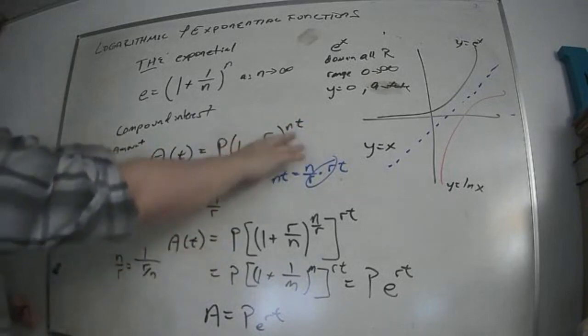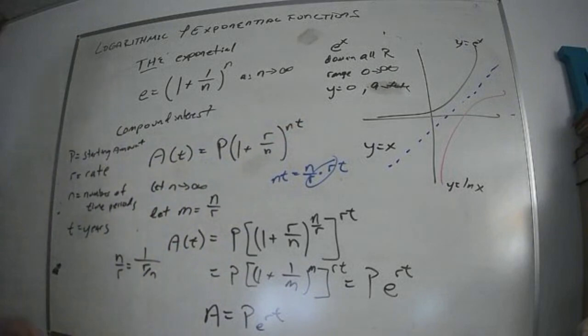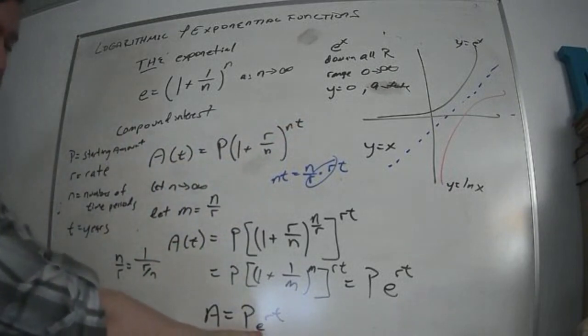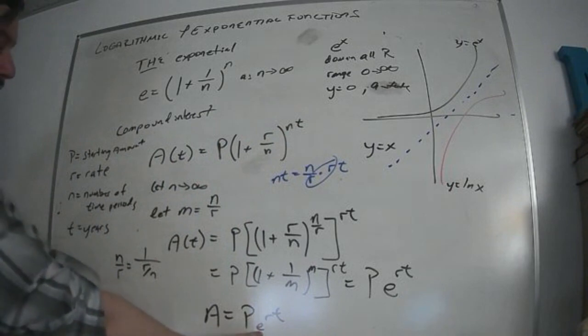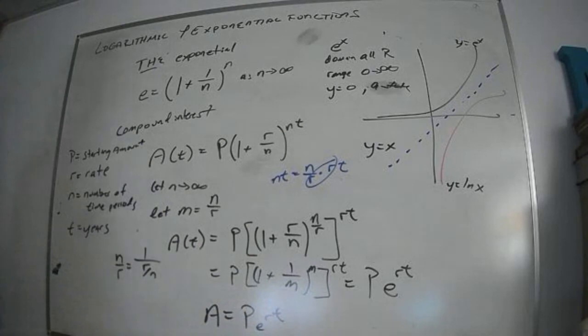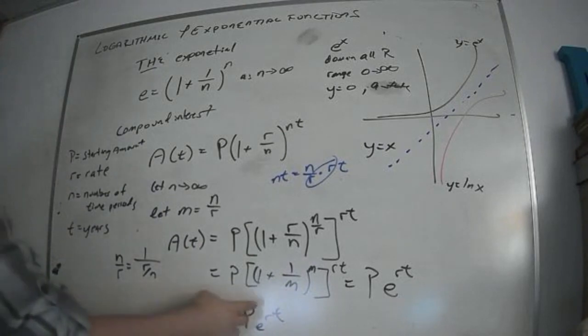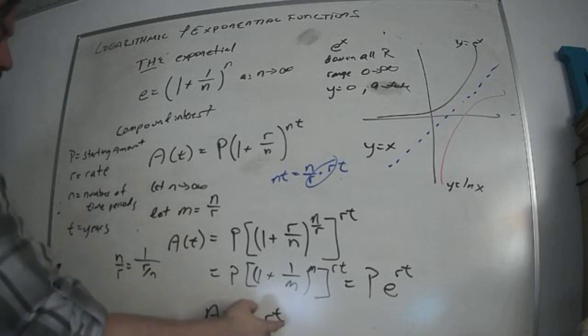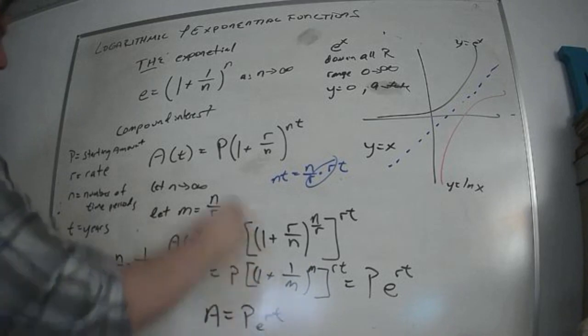You have to plug all this into this function. Or, if it's continuous, I just say all you have to do is press the exponential button on a calculator, and feed rt as its exponent. So there's less difficulty in doing this equation than doing this one.